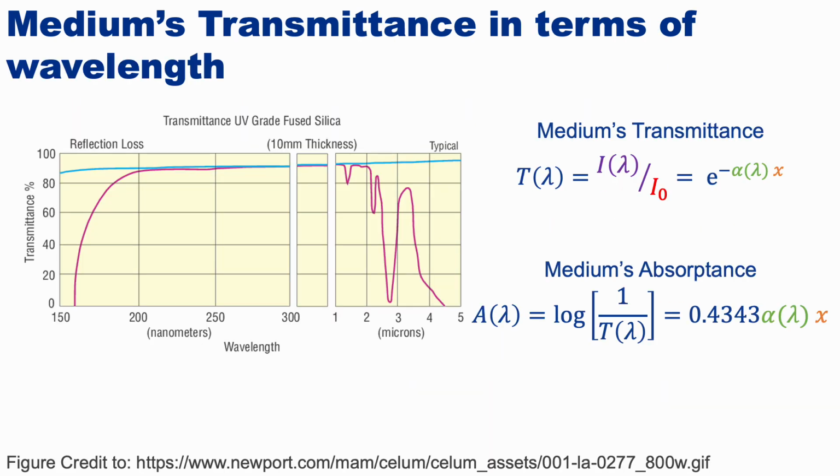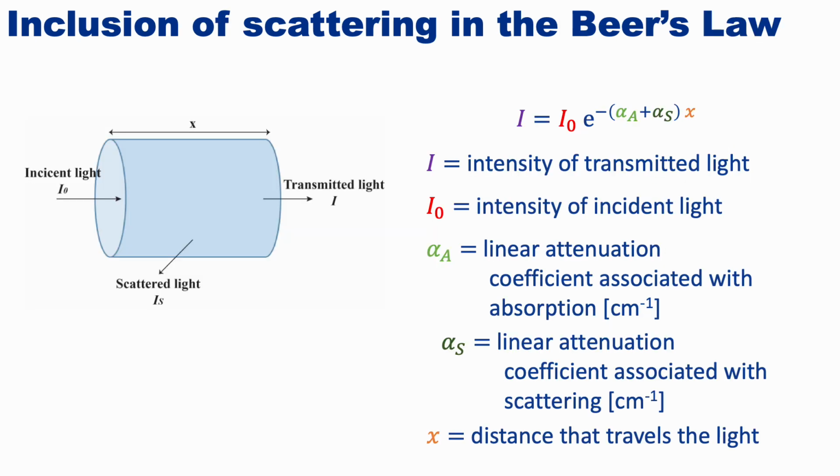A lot of the time we don't want to talk about how much light is transmitted. We want to talk more about the medium transmittance, which is just the ratio of the transmitted light versus the input. Or sometimes we also find the medium absorbance, where the medium absorbance is just the natural log of the inverse of the transmittance.